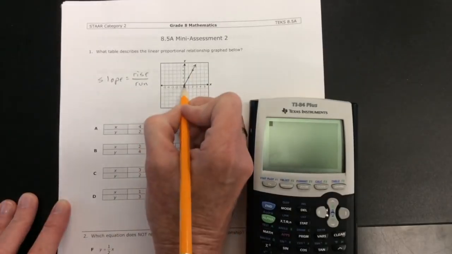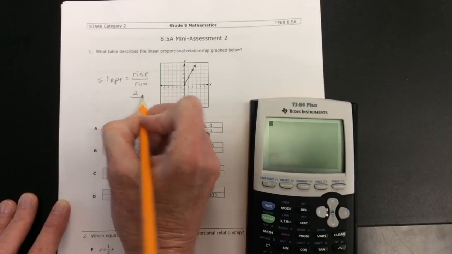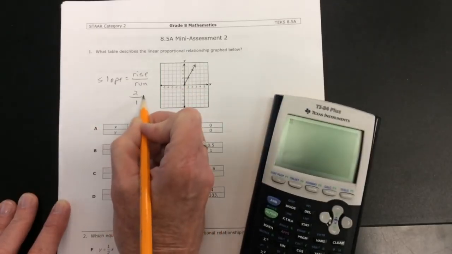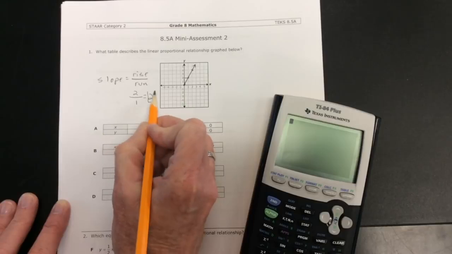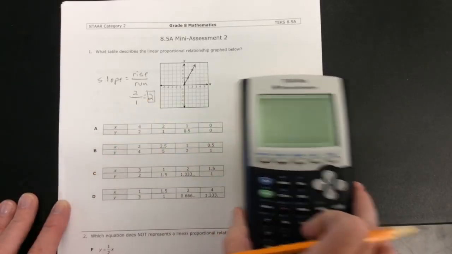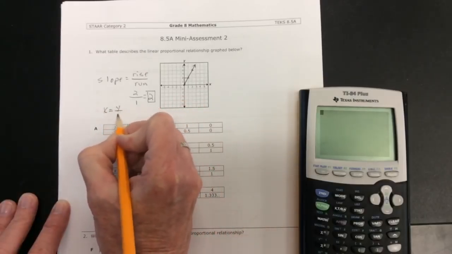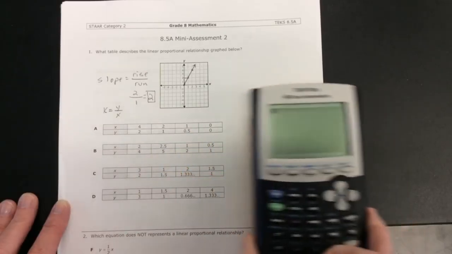Now you're going to rise 1, 2, and you're going to run over 1. So your slope is 2. We need to see which table gives us a slope of 2. To do that, we can do it by hand using k equals y divided by x and divide each one, or we can put it in our calculator.